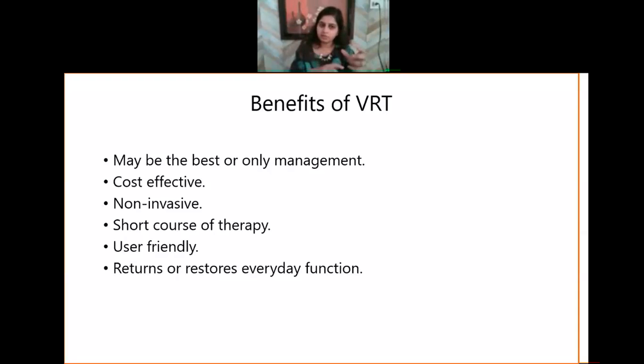Same way, if we are able to treat with vestibular rehab, we do not advise the surgical procedure. Surgical procedures include acoustic implants, vestibular implants, just like the cochlear implants. It's cost effective, it's non-invasive, so it's a very, very common basic physiotherapy thing, that is the benefit of vestibular rehab.